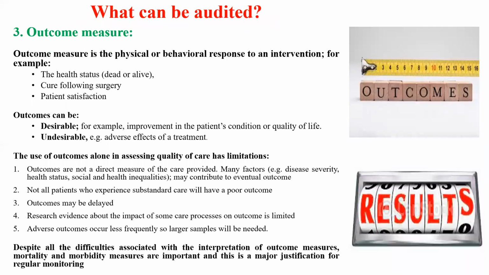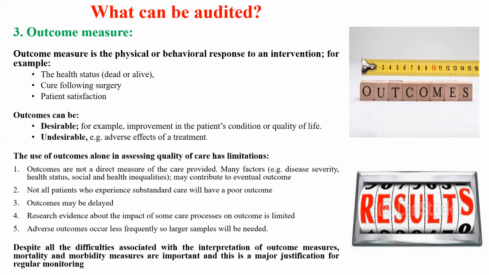The last thing that can be audited is the outcome. Usually, this is the first thing to be in your mind if you are measuring the outcome of the service. This outcome may be physical or behavioral.